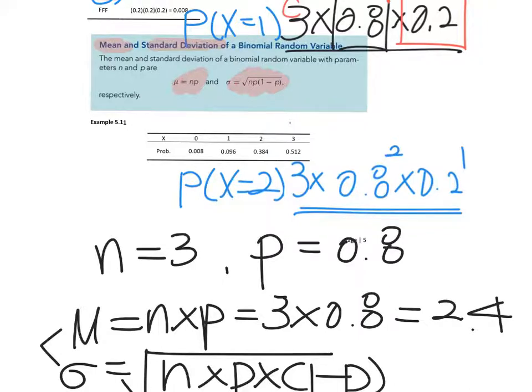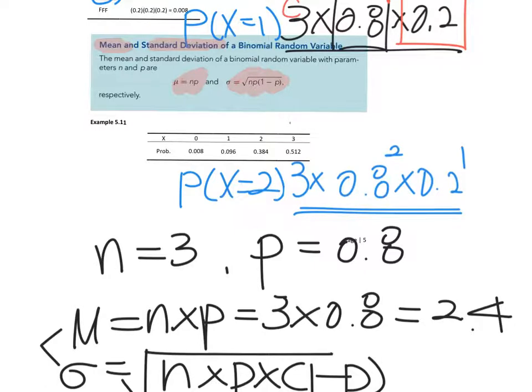Anybody? 0.69? 0.693. Very simple. We don't have to apply the 6 steps. The binomial distribution is one of the discrete random variables, so why not?